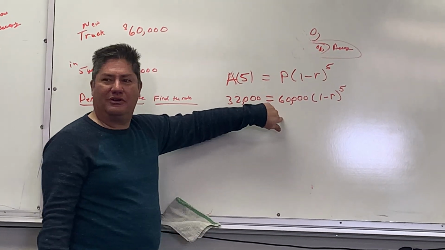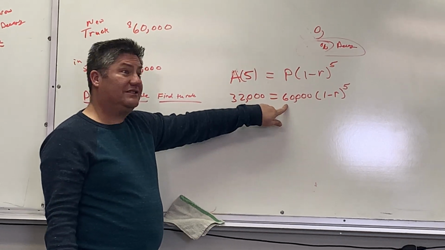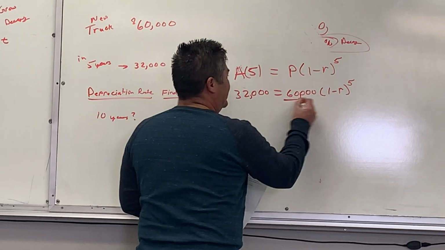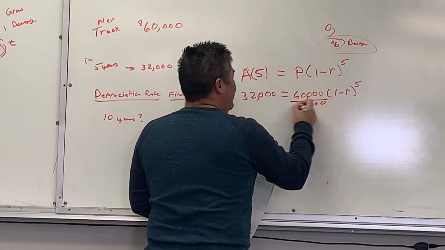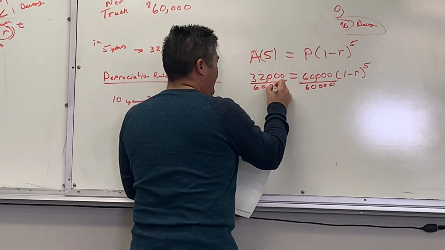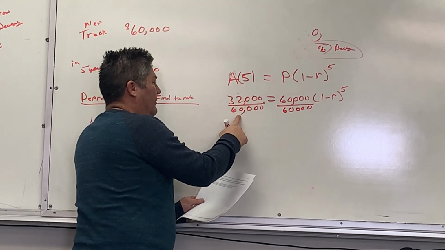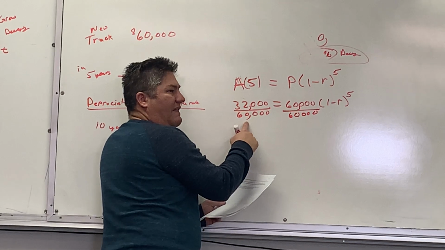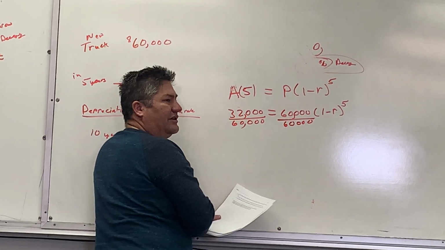Okay, what do I want to do? Divide both sides by what? 60,000. Yeah, I want to divide by 60,000. Don't times it, divide it. This will give you a decimal. Okay, do this on your calculator for me, Brendan. 32,000 divided by 60,000.